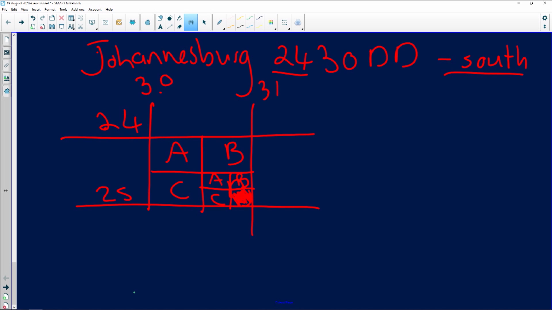So what's going to happen? If that is where Johannesburg is, there's north, east, south, west, the direction of it.